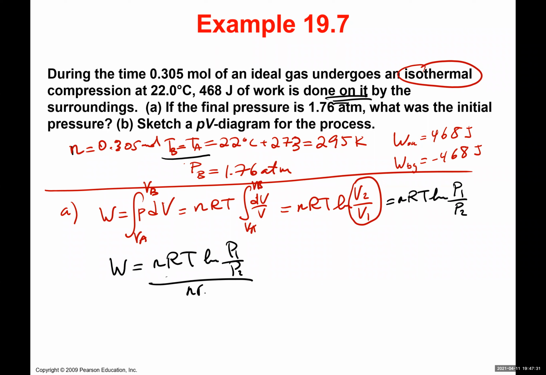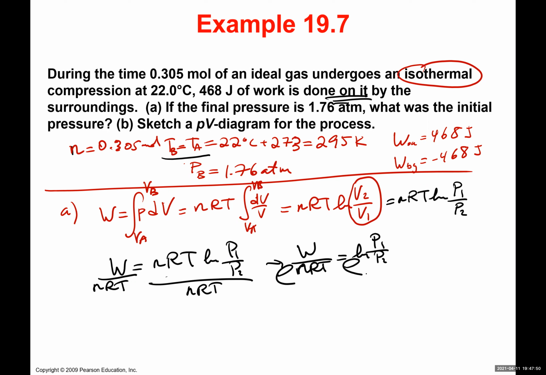Divide both sides by nRT. Then what I have here is work over nRT equals ln P1 over P2. Then in order to get P1 over P2 out of that ln, I take e to both sides.